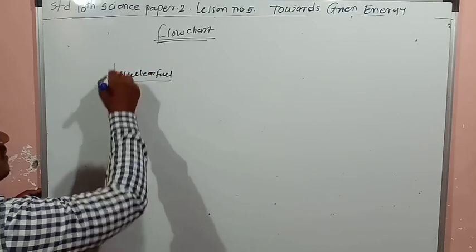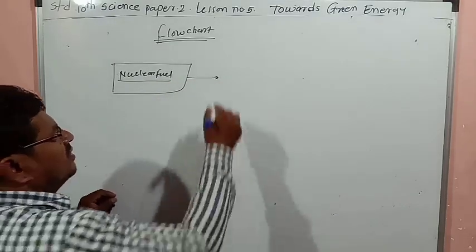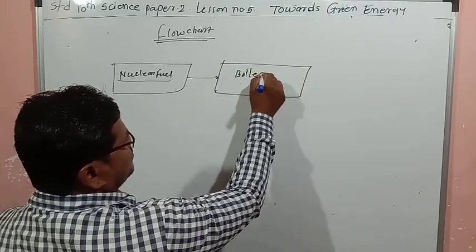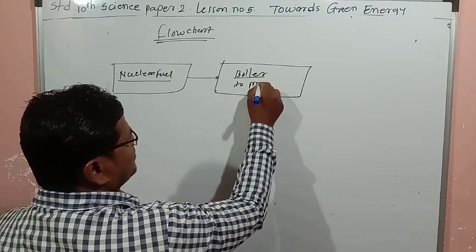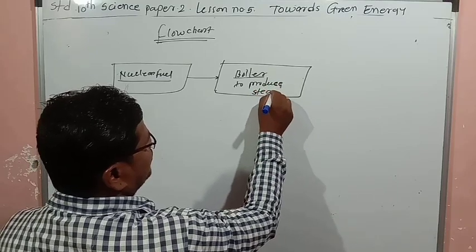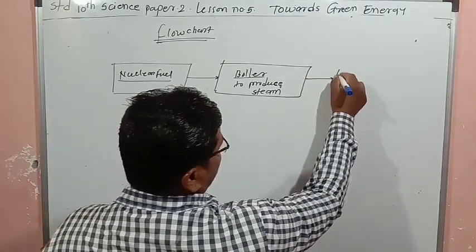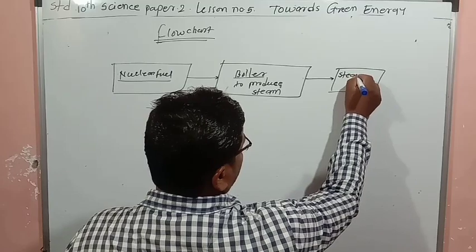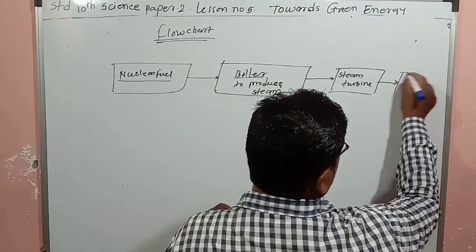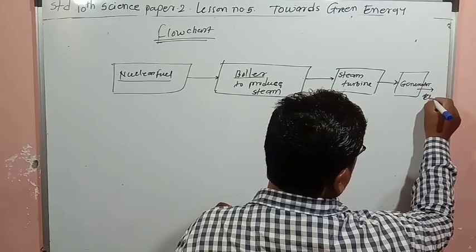First one is the nuclear fuel, then second, boiler to produce steam, next steam turbine, then generator, and the generator will produce electricity.